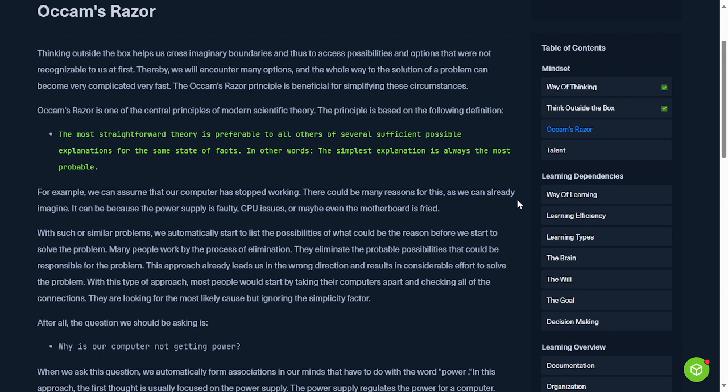For example, we can assume that our computer has stopped working. There could be many reasons for this, as we can already imagine. It can be because the power supply is faulty, CPU issues, or maybe even the motherboard is fried.